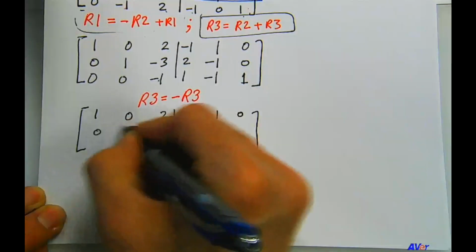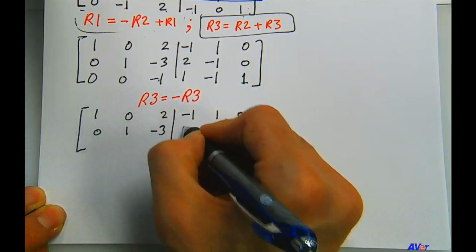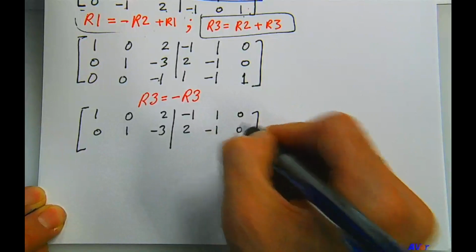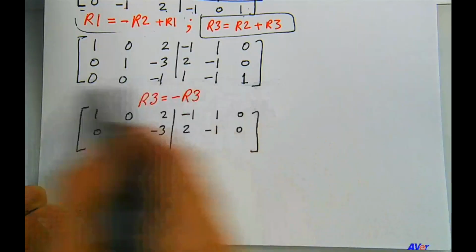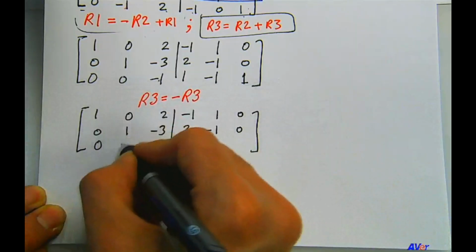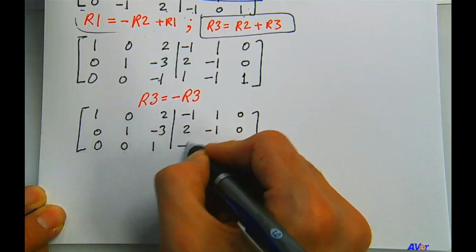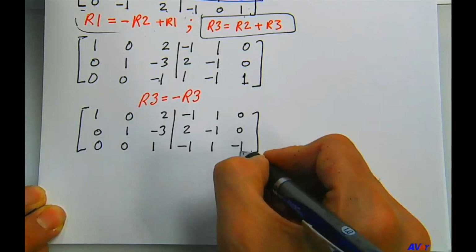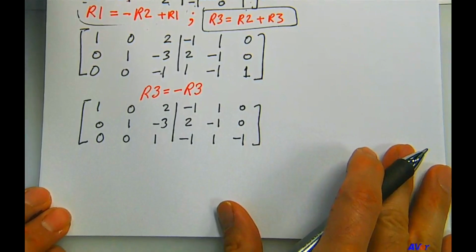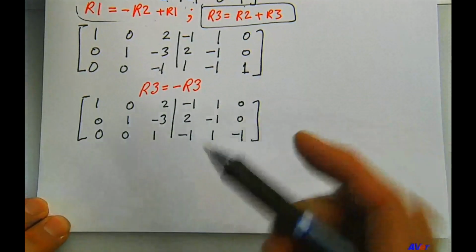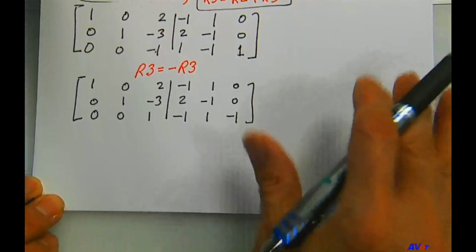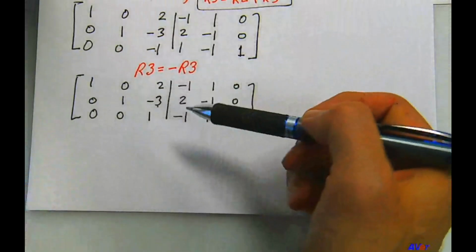So we're going to write them down as they are, like that. Now multiply this whole third row by -1, so 0, 0, 1, -1, +1, -1, right? And now we're going to worry about converting the -3 and 2 to 0.